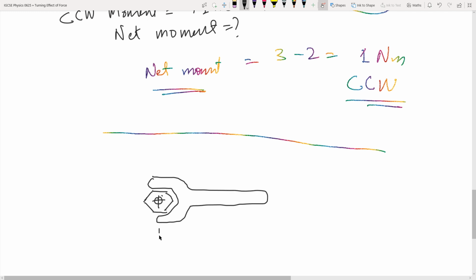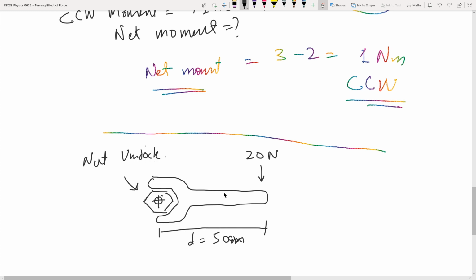Let's just say I give you D, the length of the spanner from this pivoting point, as 50 centimeters, and the applied force is 20 newtons. So you're using 20 newtons with the spanner which has 50 centimeters of length to unlock this nut.